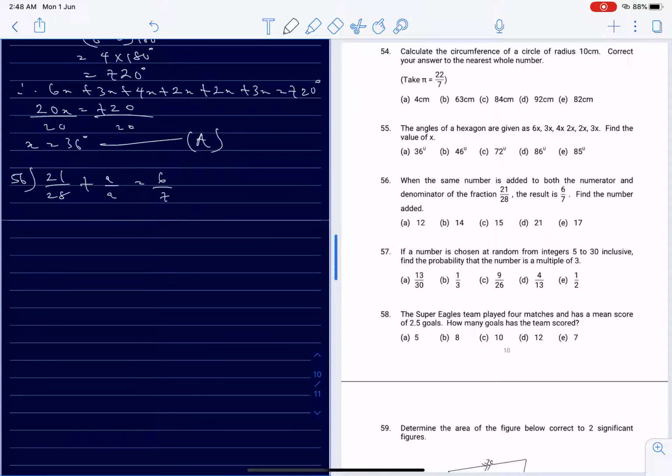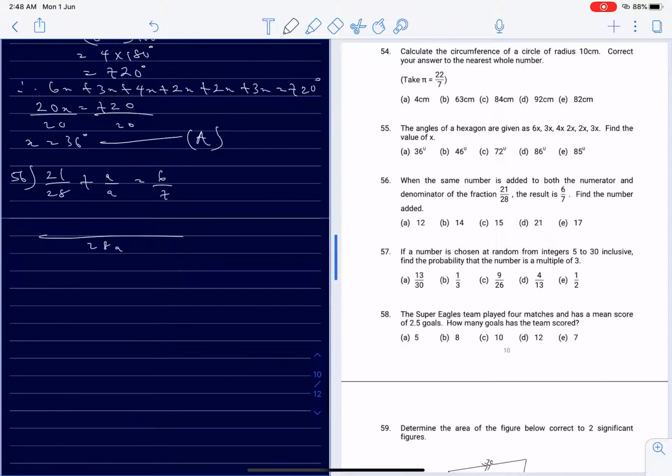And that means 21 plus A over 28 plus A equals 6 over 7. Find the LCM. The LCM is 28A. 28A divided by 28 is A times 21.